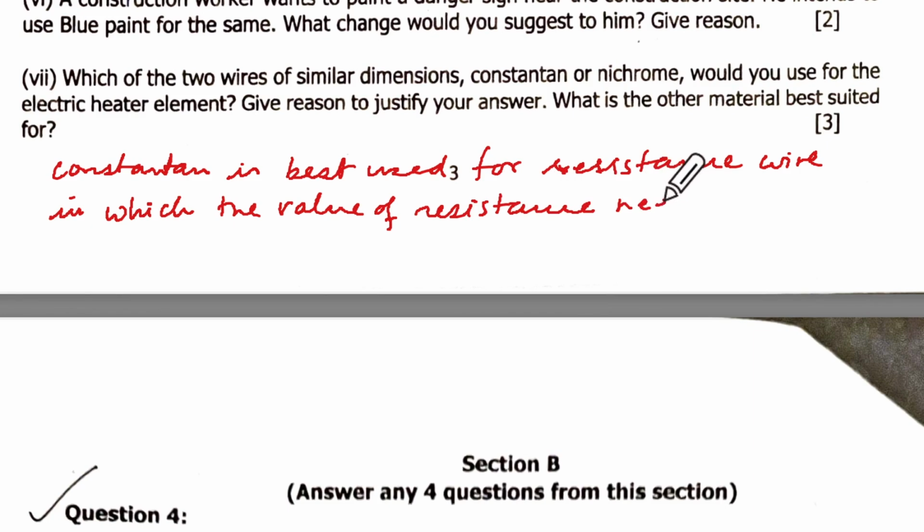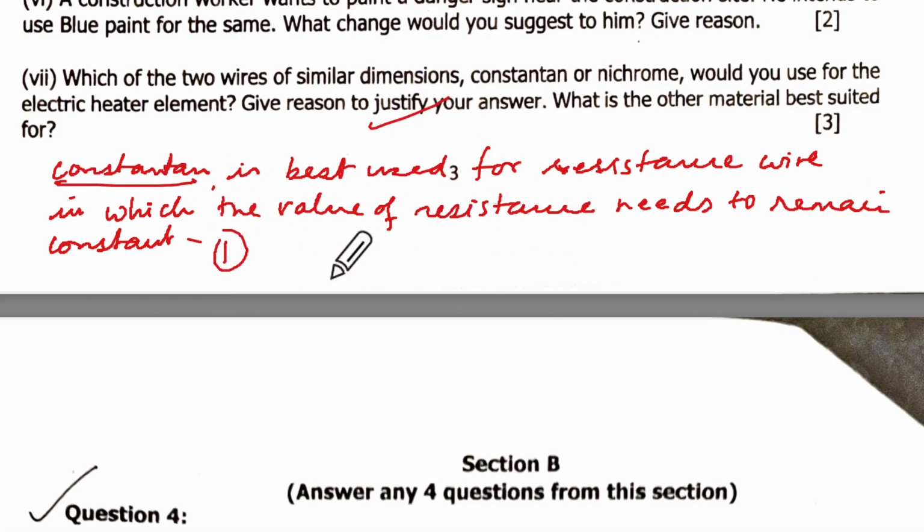Needs to remain constant. How is it? Good, bad, or ugly? Good, ma'am. So justify will be for 2 marks, and for this will be 1 mark.